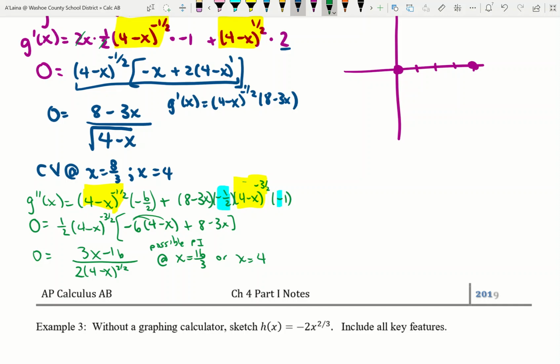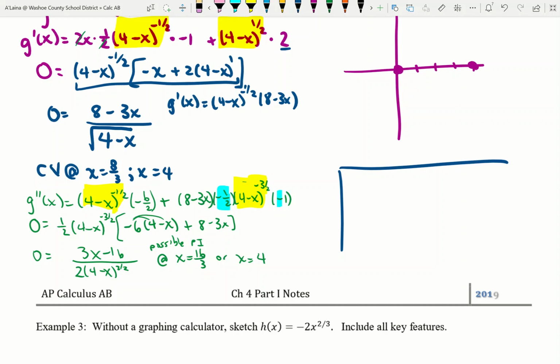And so what I'm going to do is make this modified table here, what Earl would call an alt table. I'm going to put together my critical values and my possible points of inflection all in one table to try to get a big picture of what's happening with the function g. So I want to look at all of the different ranges of values that we have.